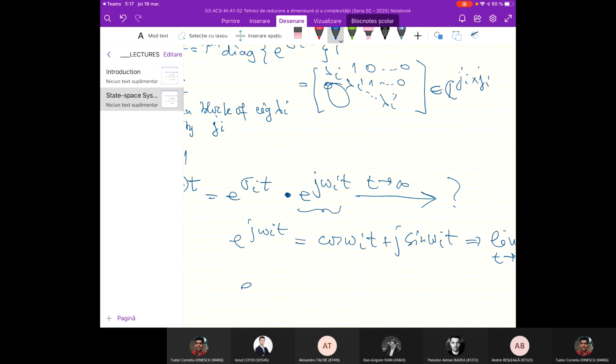Now, e to the power sigma i t. Sigma i is a real number. Then, what is the limit when t goes to infinity of e to the power sigma i t?